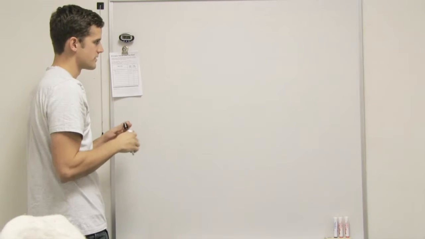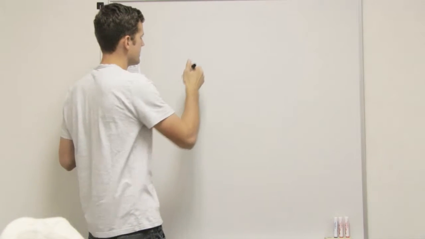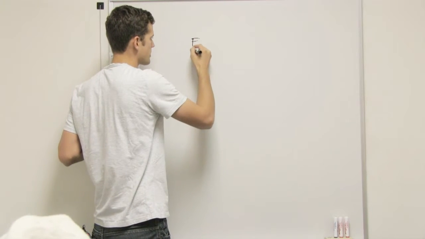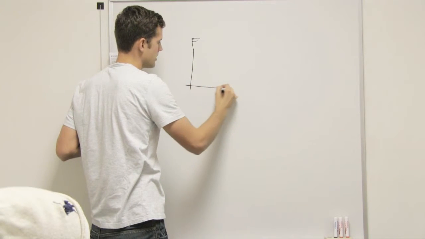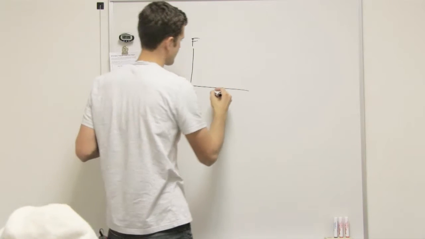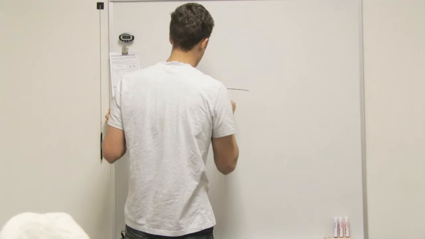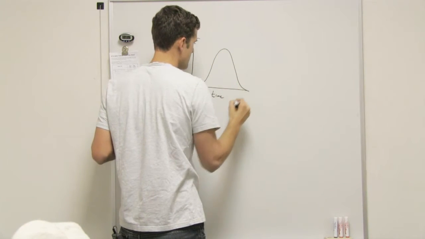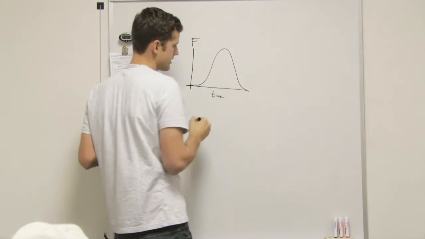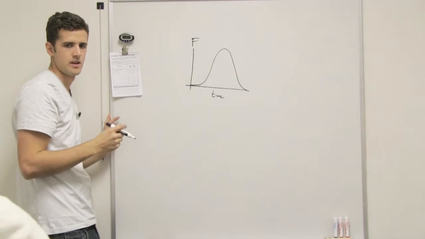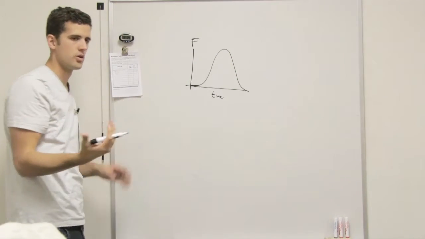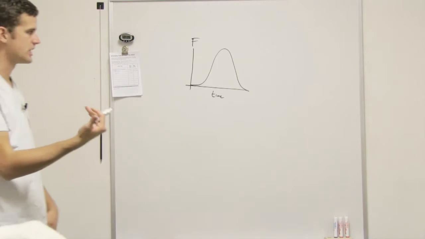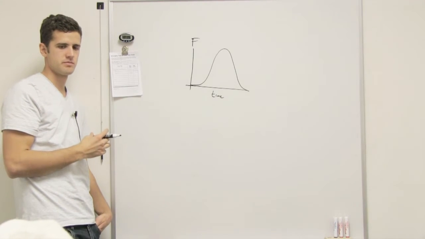So there's two ways to define it. One is that it's the integral of force over time. So you have this force and it's applied over a certain amount of time. You find the area underneath it, right? But that impulse is also equal to your change in momentum.